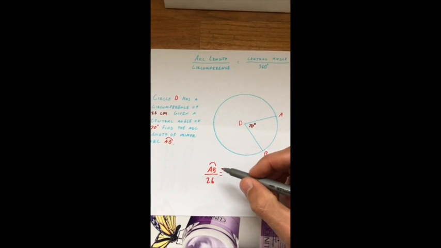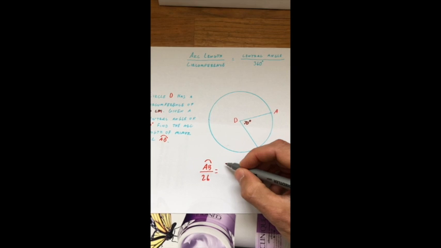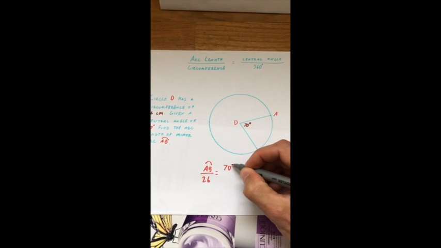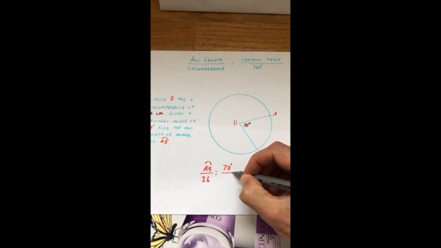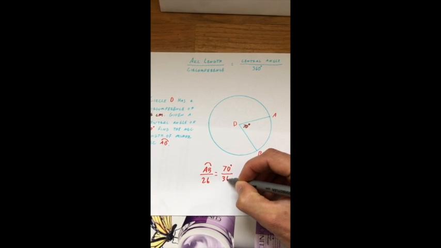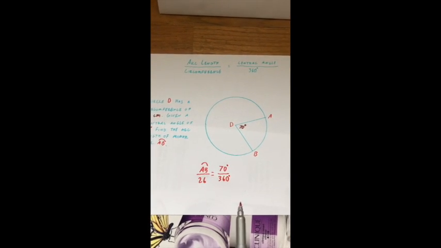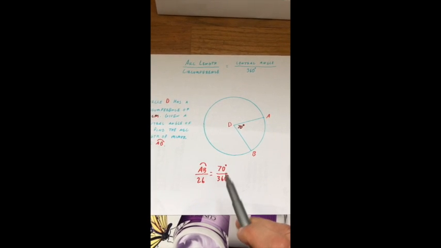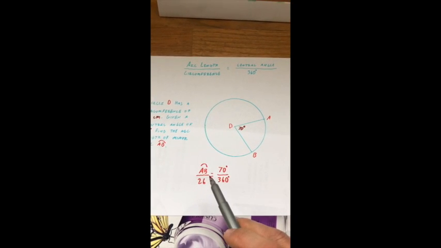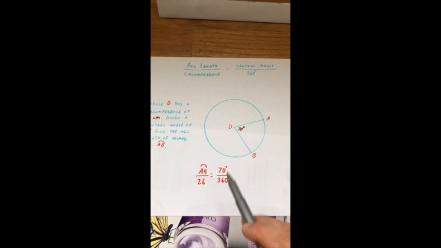Is equal to the central angle, in this case 70 degrees, divided by 360 degrees. And again, the units don't matter, because as long as the units are the same here and the same here, we should be okay, because the units would cancel out.